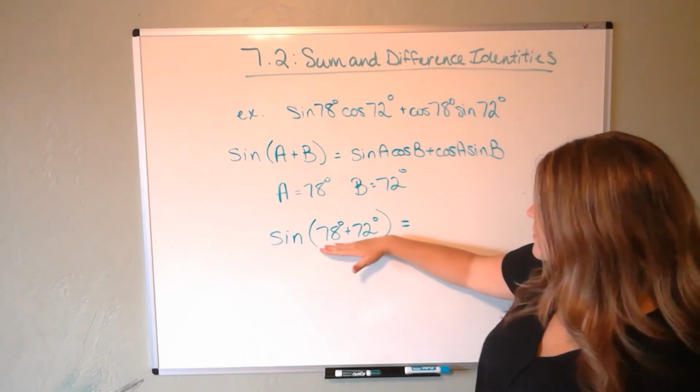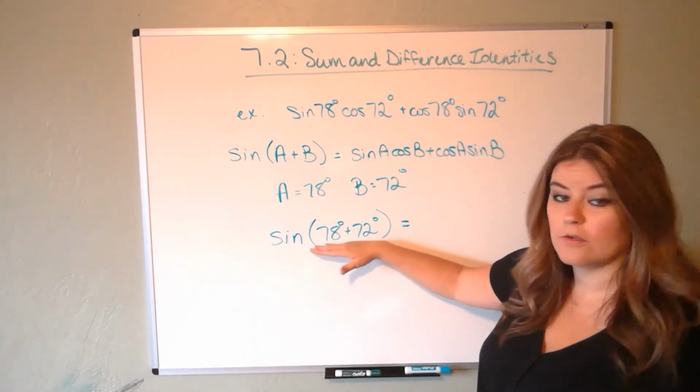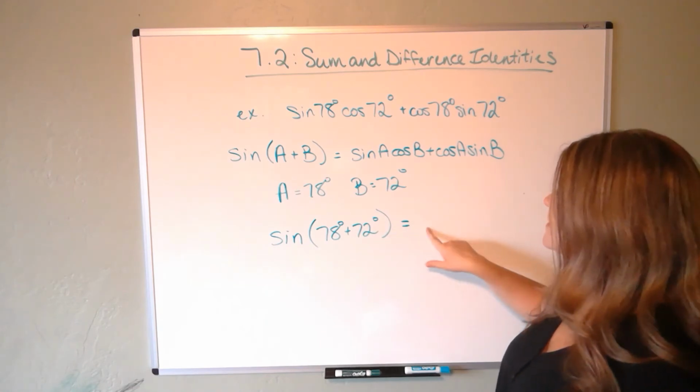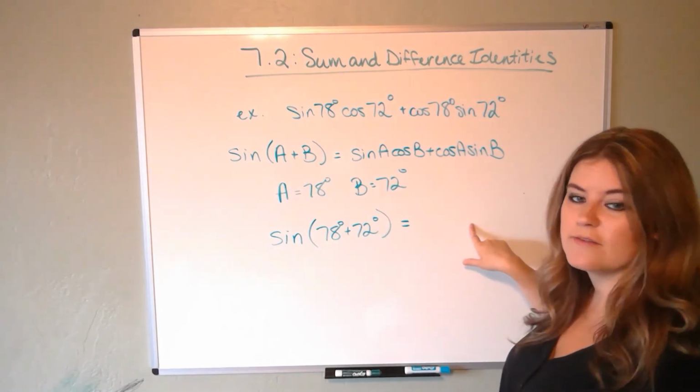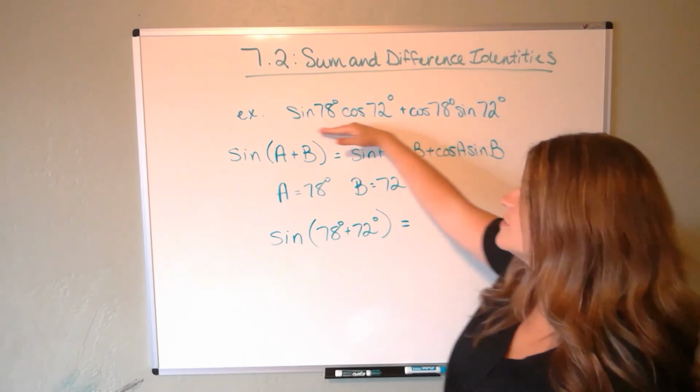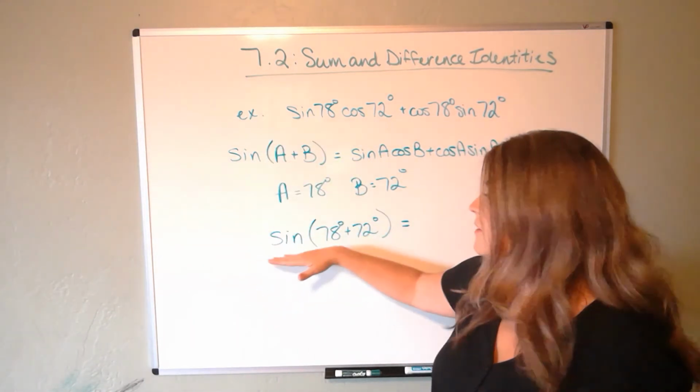Yeah, because if you were doing this the other way, you'd say, this is A, this is B. What would you do? You do sine 78 cosine 72 plus cosine 78 sine 72. So it's just giving you the other side. And you're going to put it back to here.